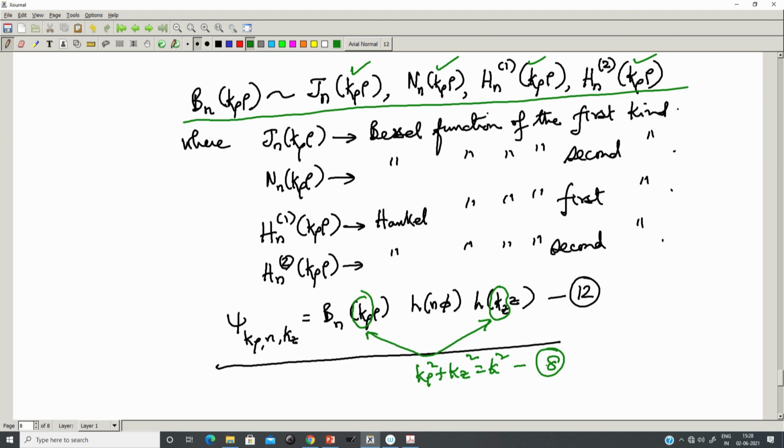So, we call this psi elementary wave functions. So, these are called elementary wave functions.